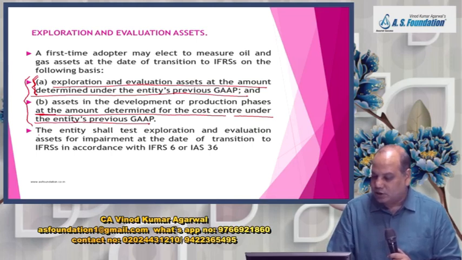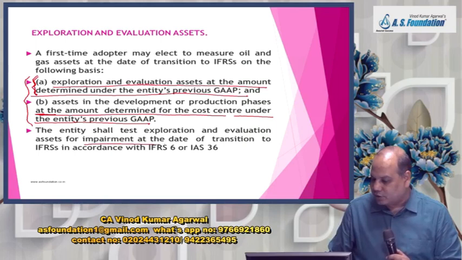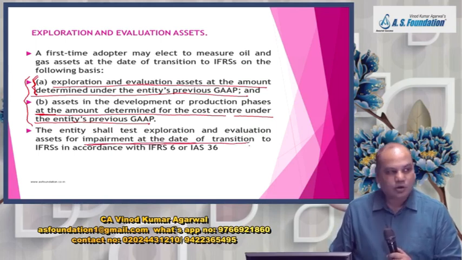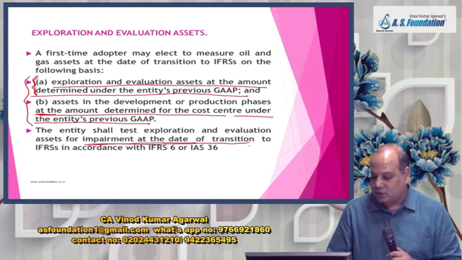The entity shall test the exploration and evaluation asset for impairment. Only what they have asked you to do, if you are using the previous GAAP figure, then you will apply impairment testing on the date of transition. Both the standards you will apply for impairment testing, IFRS 6 also and IAS 36 also.